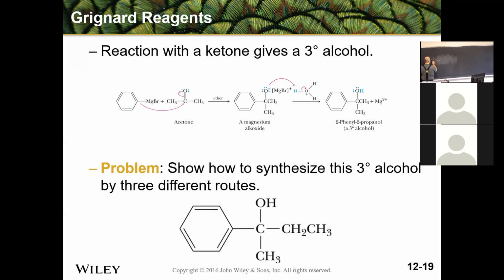We could also break it here. So that means that we would have a methyl Grignard.